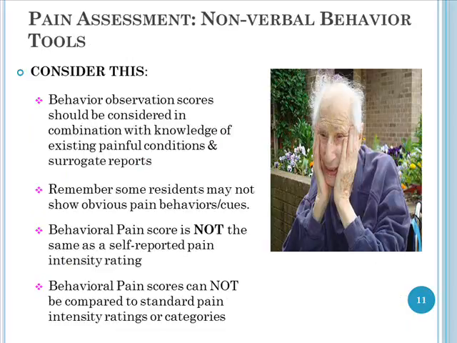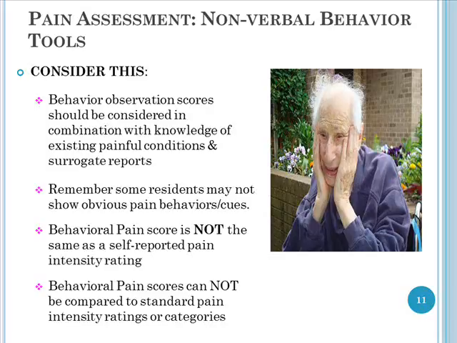Considerations in the use of nonverbal behavior tools are that behavior observation scores need to be considered in combination with what we've learned about existing painful conditions or diagnoses and what we're hearing from surrogates or proxies who know the patient. It's important to remember that some residents may not show obvious pain behaviors or cues, which is why it's really important to know what their normal pattern of behavior is to be able to look for more subtle atypical changes in behavior.